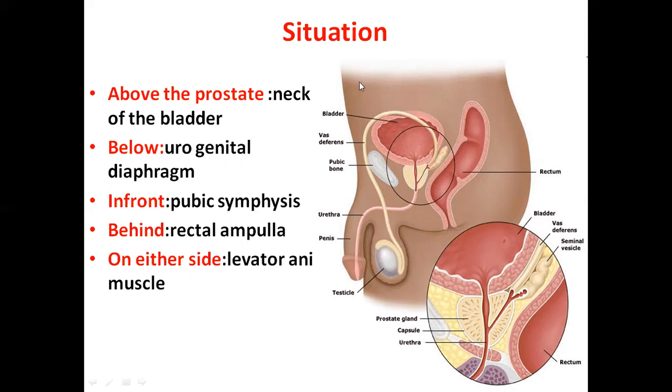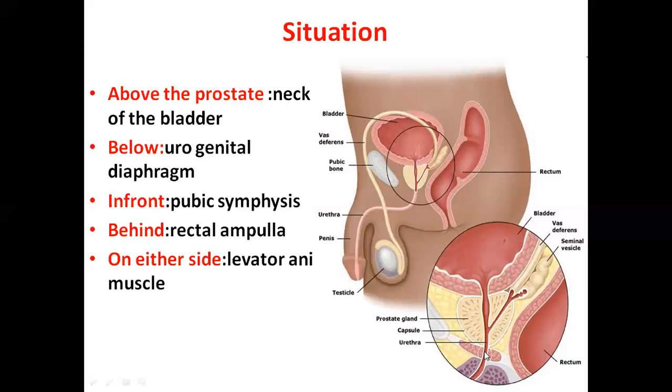Now, coming to the situation of the prostate gland, it is situated at the neck of the urinary bladder. When you keep this prostate gland as center, superiorly it is related to the neck of the bladder. Inferiorly, it is related to the urogenital diaphragm, which we are going to elaborate when we study perineum.